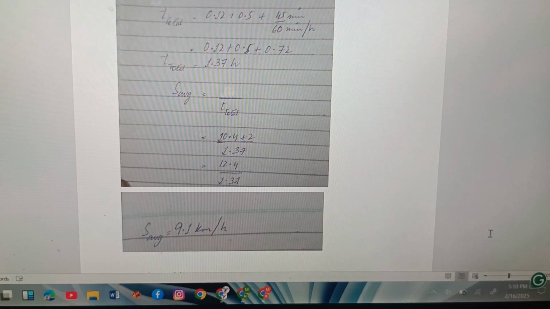First we will calculate the total time. The total time will be the sum of the time we took for driving, then walking 2 kilometers, then walking back to the truck, which took us 45 minutes. Now we will sum up these three times. We have calculated the driving time, that is 0.12 hour, then adding 0.5 hour of walking to the gasoline station.